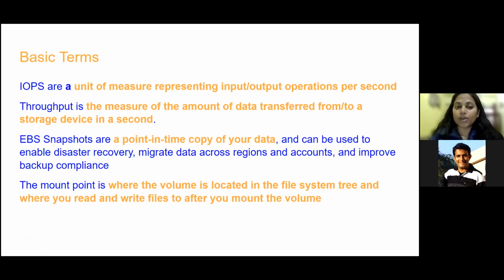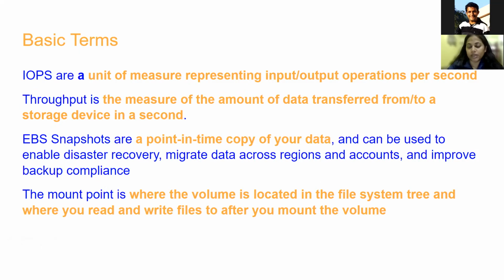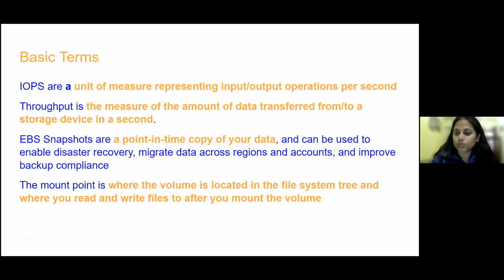IOPS refers to the input output operations which you perform per second. Then there is throughput. What do we mean by throughput? It is the amount of data which is transferred from or to the storage device, for example, from EC2 to EBS, or from EBS to EC2.